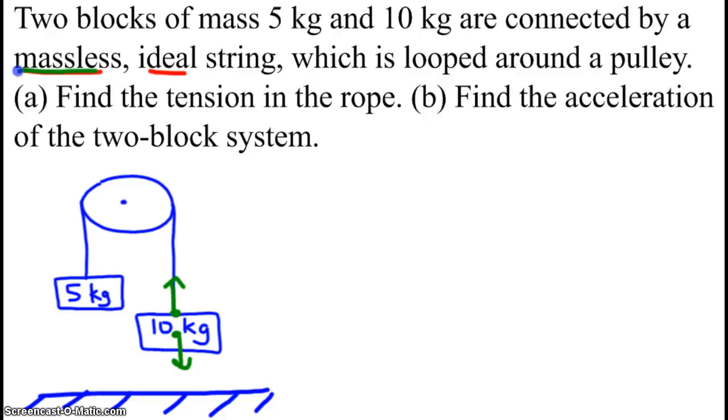This word massless. Consider, if you take a penny or a nickel or anything else, and you set it on the block, it has some mass, therefore it has weight, and its weight will push down on the block and exert an extra force on that block.